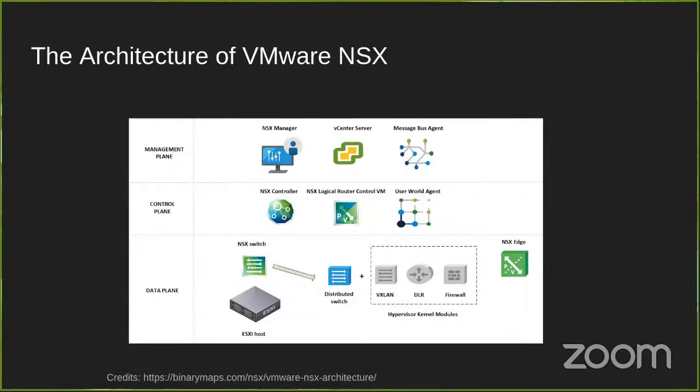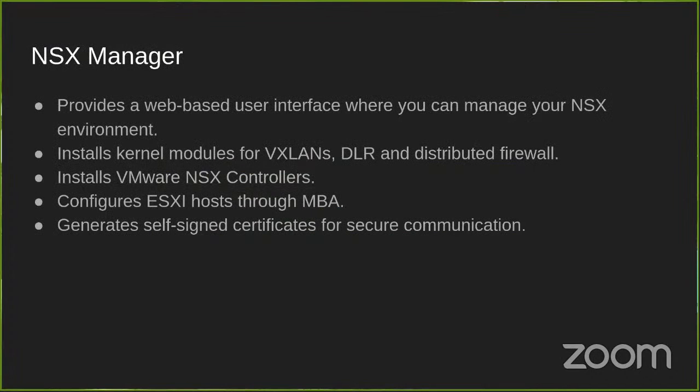This is a protocol used for communication. NSX uses MBA to push commands to the data plane. For example, if it wants to install the hypervisor kernel modules, it uses the MBA to push the commands through the control plane down to the data plane. Finally, it generates self-signed certificates for secure communication.